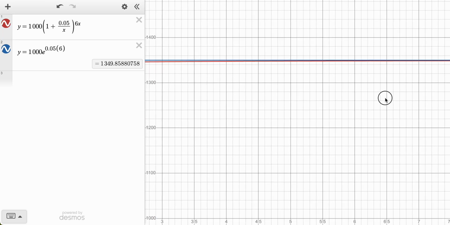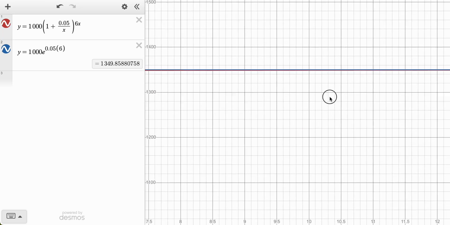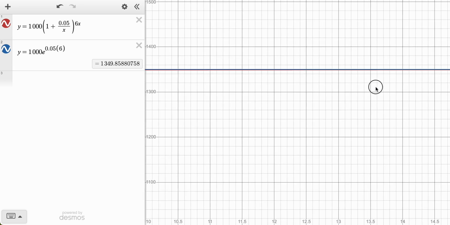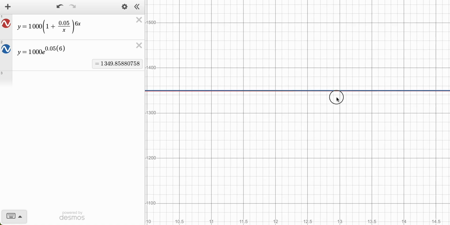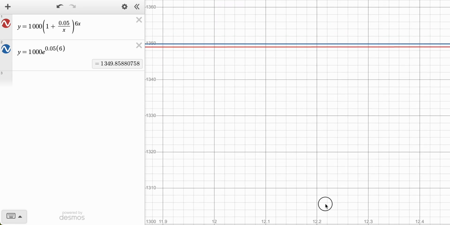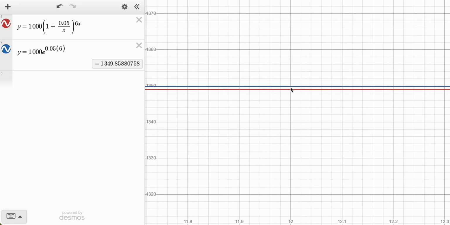And even if we go out to a place where maybe the detail on Desmos isn't strong enough to show us both of them, if we go out to, say, compounding monthly, which would be x equal to 12, and we zoom in, we can still see a difference between them of approximately $1,349.86 versus $1,349.01, approximately an 85-cent difference. Not a lot of money when you're talking about being in the 1300s, but still a difference.